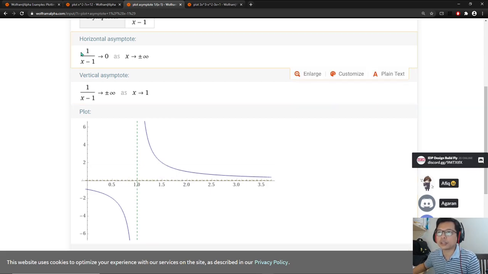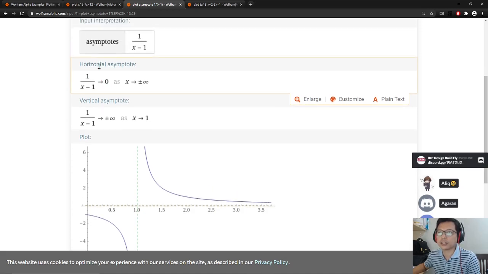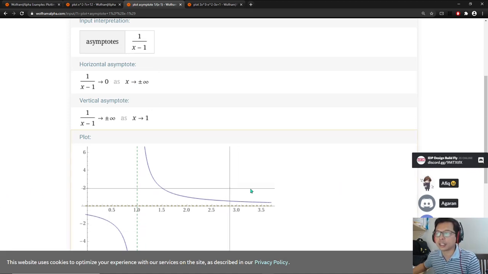So that's why the function 1 over x minus 1 will approach 0. This is how you read it. The function 1 over x minus 1 will approach 0 as x approaches negative infinity. Negative infinity is that direction and that direction. Okay.